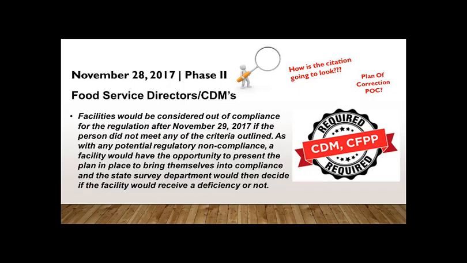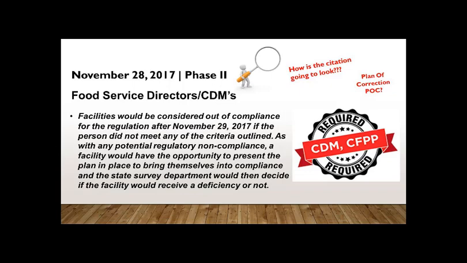I can tell you that the survey that's happening now this week, the surveyors have gone in. They have asked to see the certification for the food service supervisor. And you're going to be presenting it, and then you're going to let them know what do I have? Am I compliant or am I not compliant?